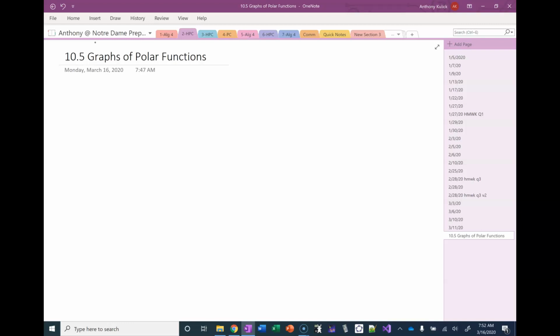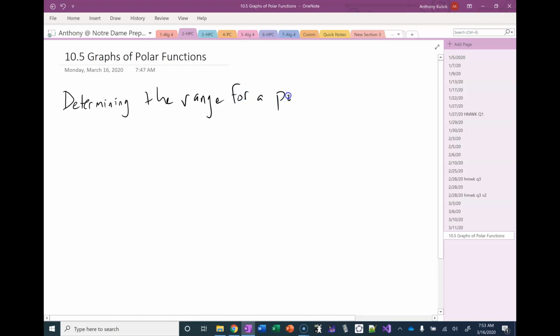So let's start by talking about how we determine ranges for a polar function. I'm going to do this just with an example. Let's say we have r equals 3 plus cosine theta.